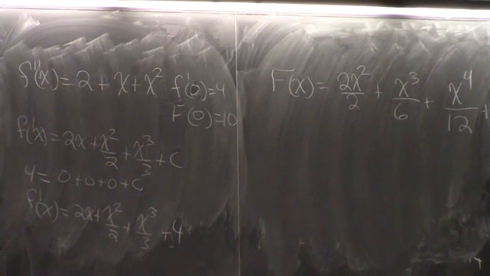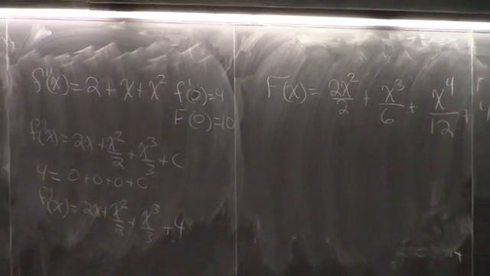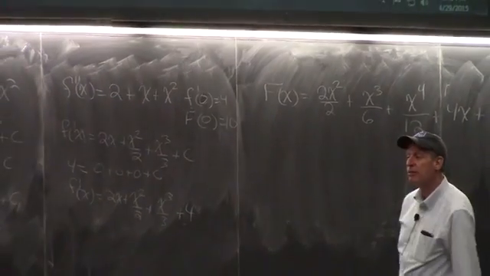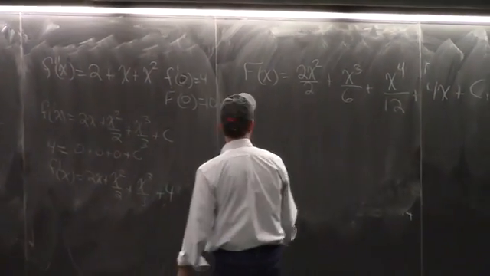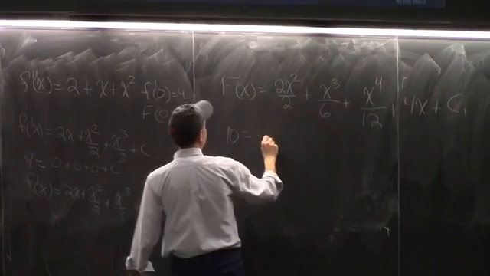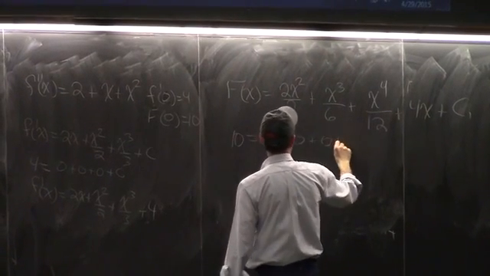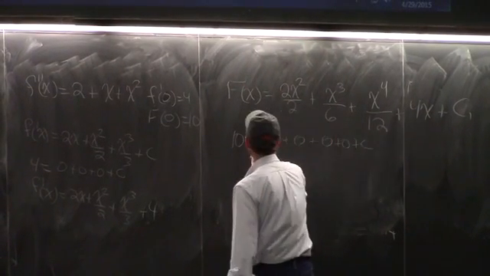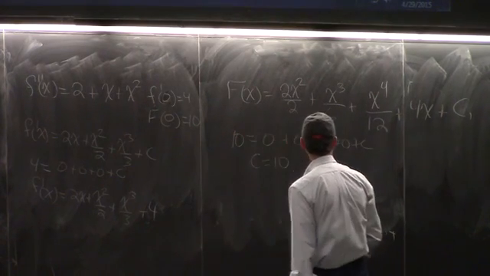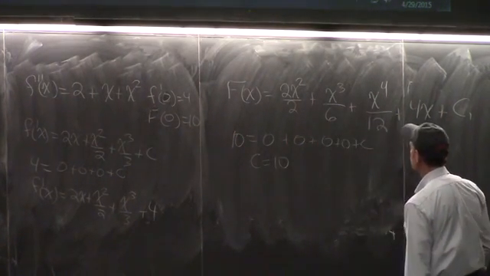Just don't confuse yourself. And I know that this time, when I plug in 0, I get 10. So 10 equals 0 plus 0 plus 0 plus 0 plus c. So c equals 10. Or c1.